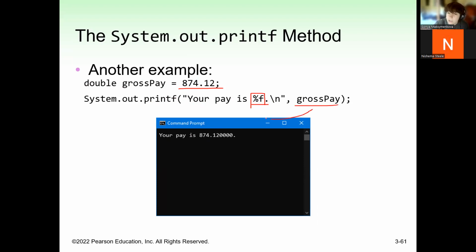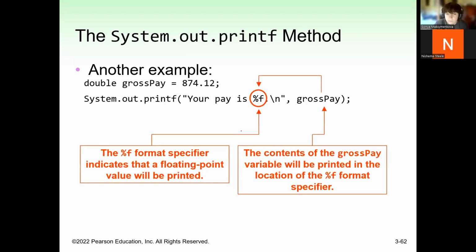And gross pay is going to go right here. But you can see that instead of just 874.12, we got 4 more zeros, right? We don't want those zeros. We just want 874.12. So how do we fix that?